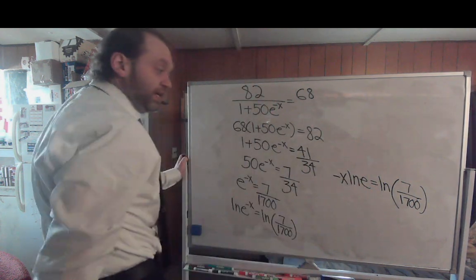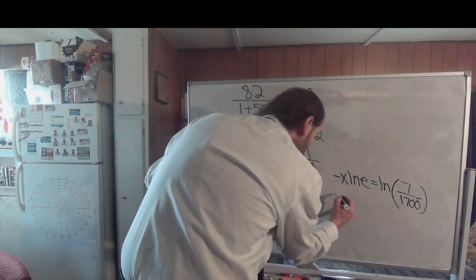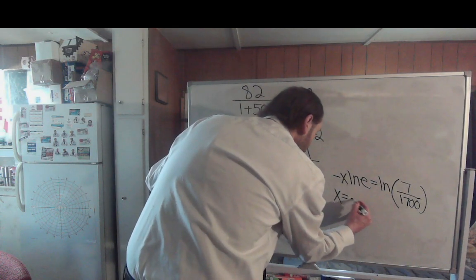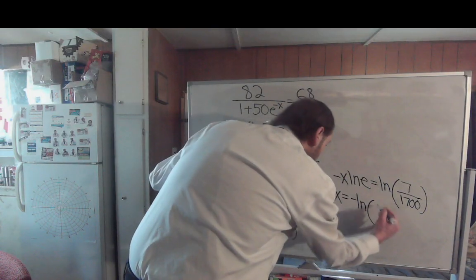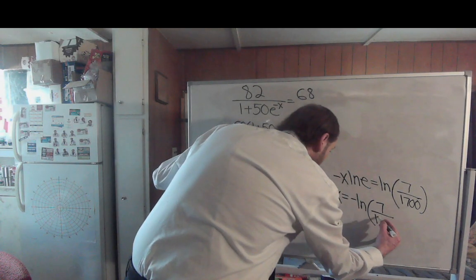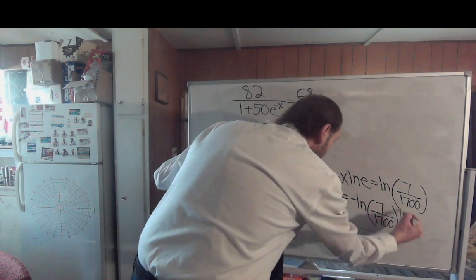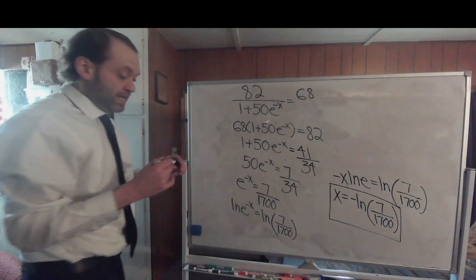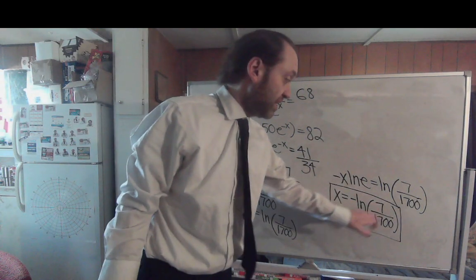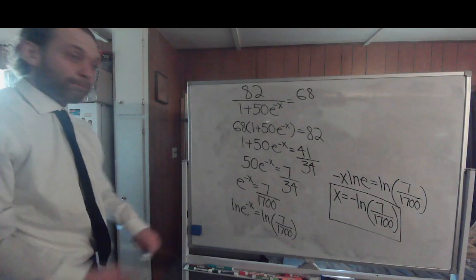Natural log of e is 1. Divide both sides by negative 1. You'll get x equals negative of the natural log of 7 over 1700. And that would be your answer. X would equal negative of the natural log of 7 over 1700.